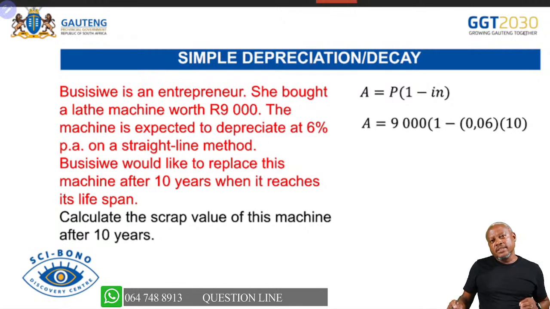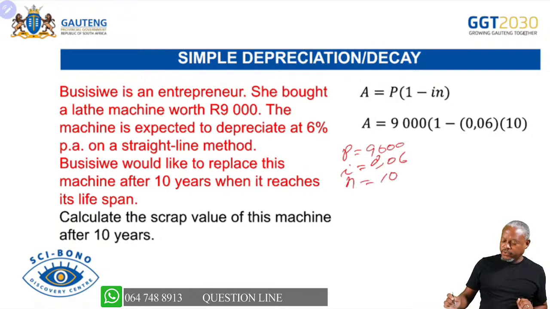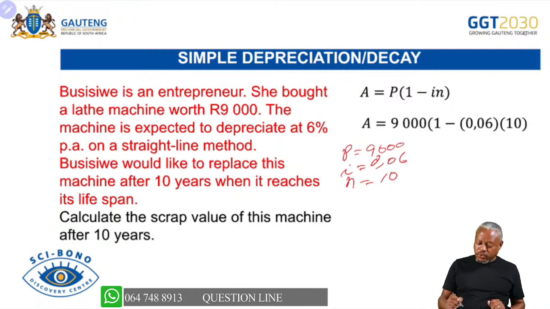The next one, you are supposed to have this one. When I was asking you to formulate your data, I was referring to you writing your P is 9000, you write your I is 0,06, and then you write your n is 10. That's what I was asking you to do. I asked you to do this one only for a minute.